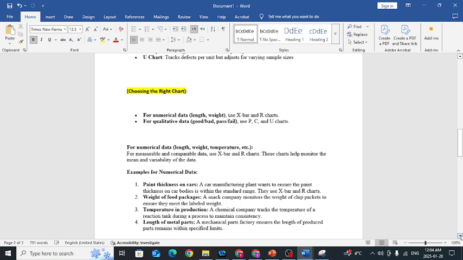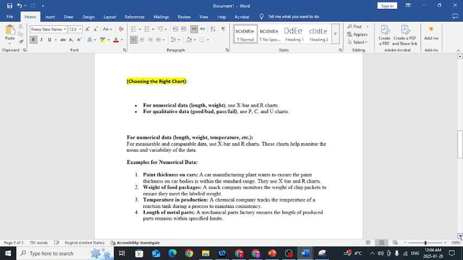If you have qualitative data, for example good or bad, pass or fail about a production, you should use P, C, and U charts. For numerical data, for example length, weight, and temperature, for measurable and comparable data, use X-bar and R charts. These charts help monitor the mean and variability of the data.